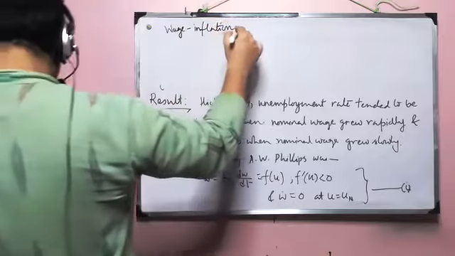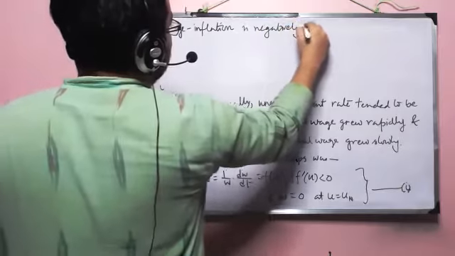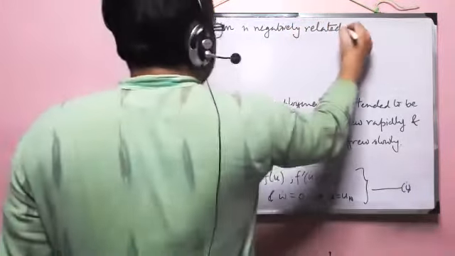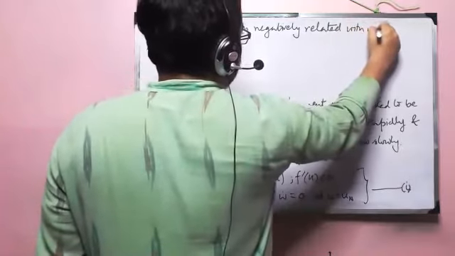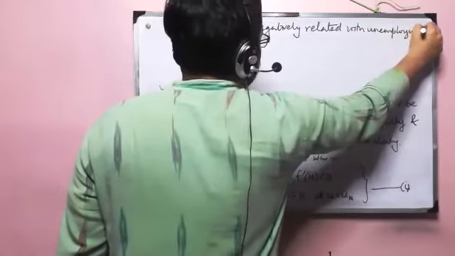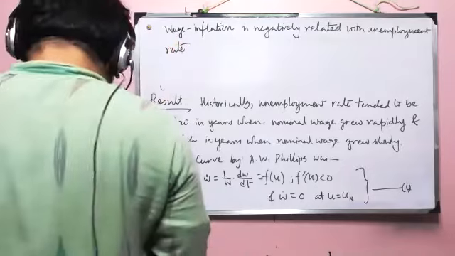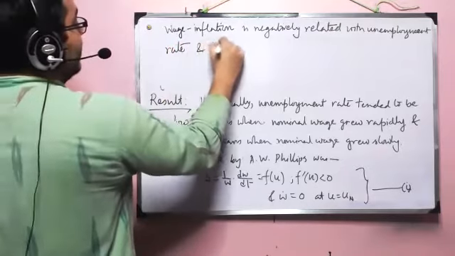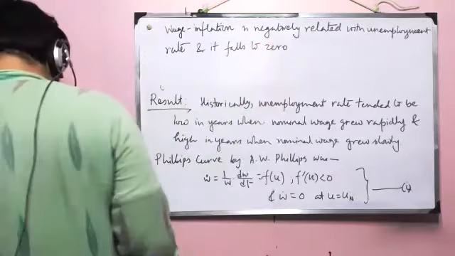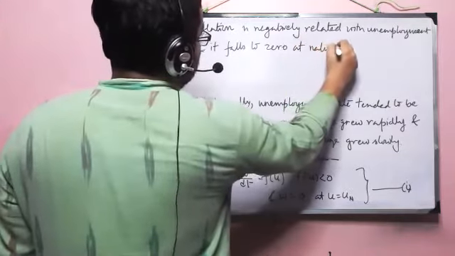Wage inflation is negatively related with unemployment rate. So that is the first part. And it falls to 0 at natural rate of unemployment.